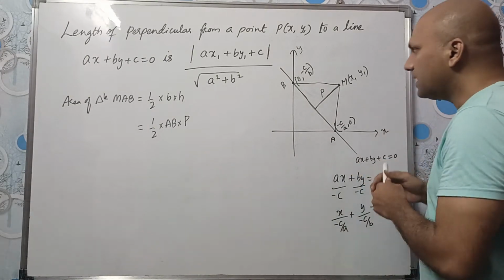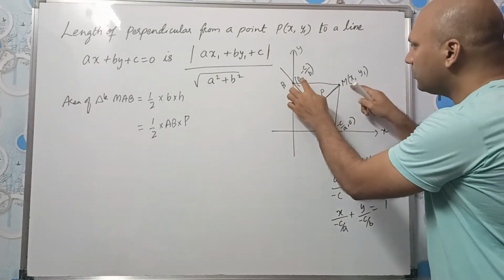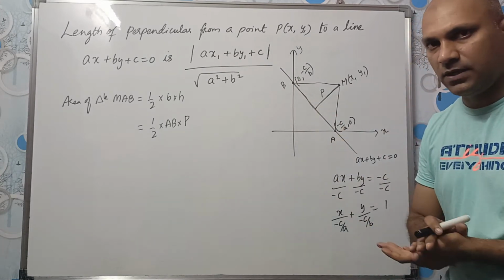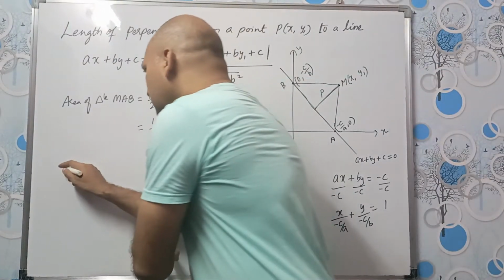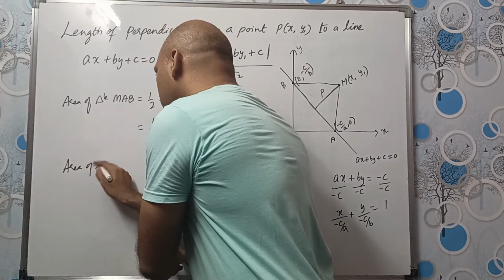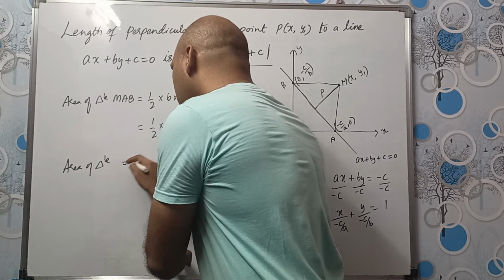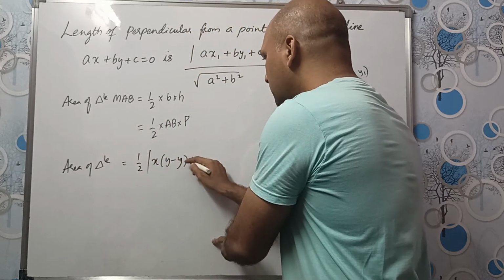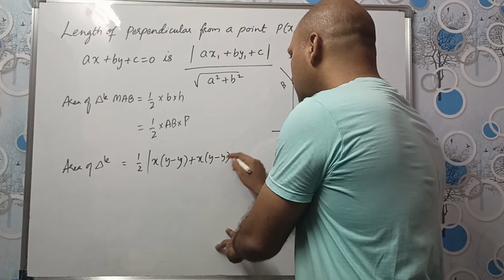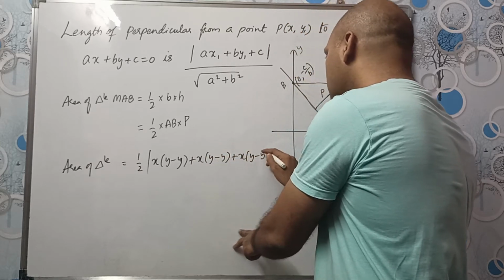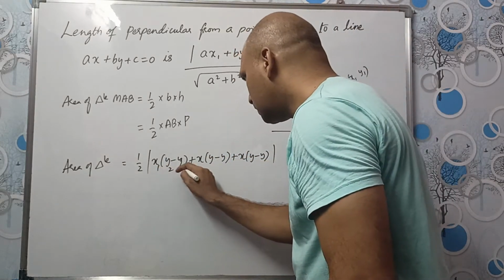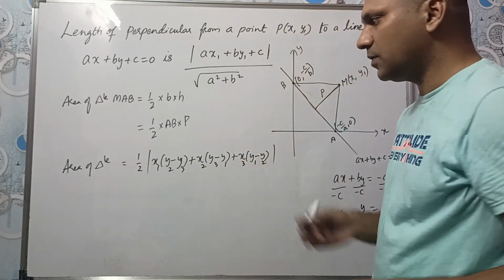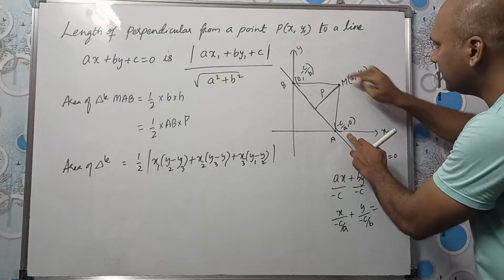Now, in the 10th standard, we have also studied that when 3 points are given, we know how to find the area of a triangle, right? Using this formula: half of x1 times (y2 minus y3) plus x2 times (y3 minus y1) plus x3 times (y1 minus y2). So we have 3 points here.